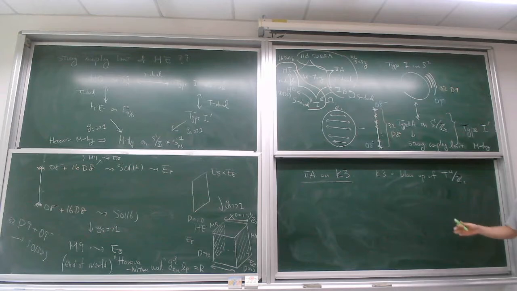So it's a real four-dimensional compact manifold, but it has some nice properties, and it's a hyperkähler manifold.